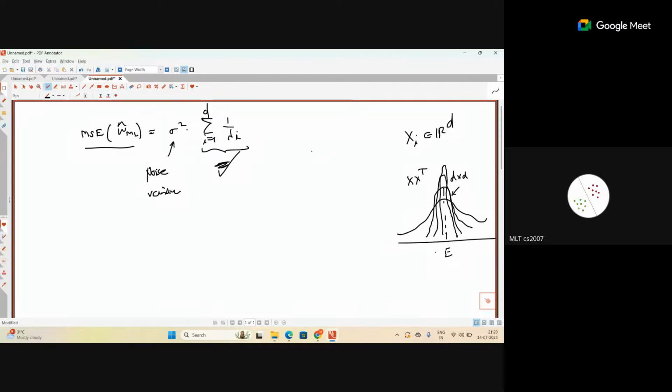But again, all of these lambdas are the eigenvalues of this matrix, X X transpose inverse. So if I have X fixed, I'm not going to do anything about it, right? But let us say hypothetically, if I wanted to change it, how would I change it?